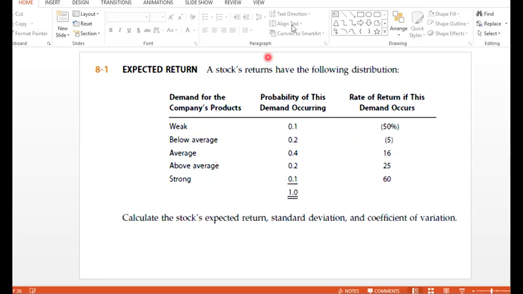So there are three things required: expected return, number 1, standard deviation, number 2, and coefficient of variation, number 3. We are going to calculate it on an Excel sheet.